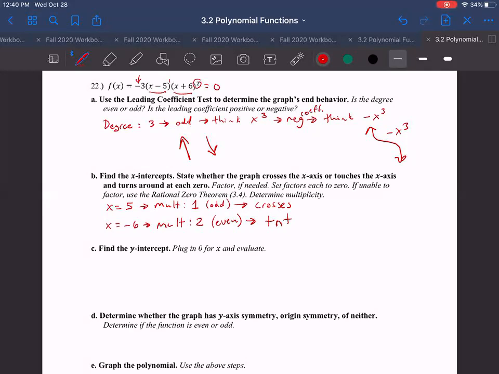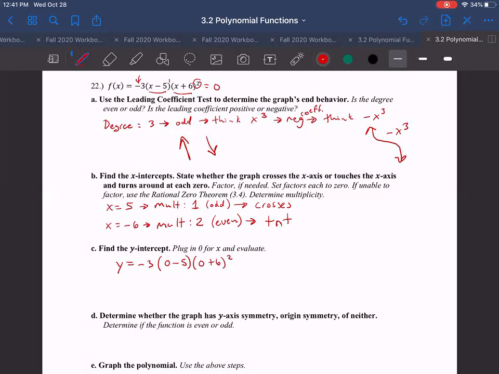Next, we need to find the y-intercept. We do that by plugging in x equals 0. So we take this here and we have y equals negative 3, and then I replace x with a 0, and then I replace x with another 0, just like that, plus 6 squared.